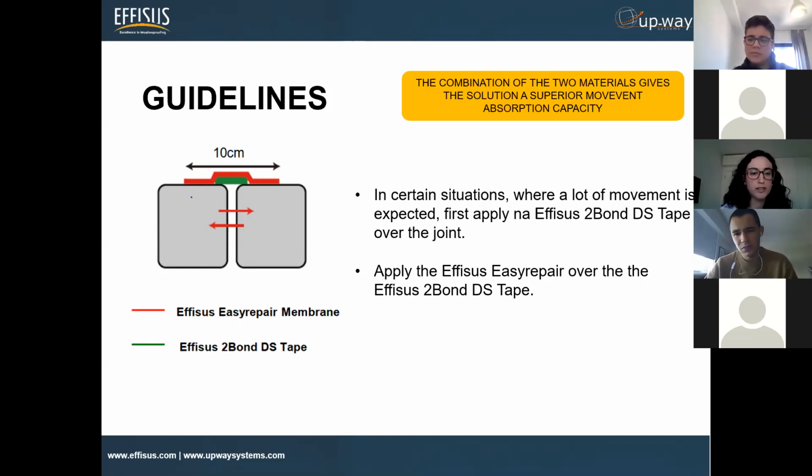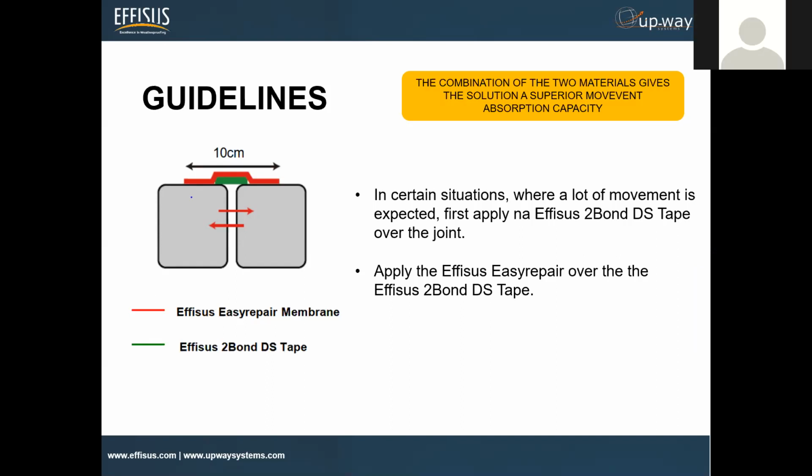When the joint is bigger than normal, or the expected movement or vibration of the building is really high, we always apply the 2-bond-ES tape before, just to help absorb these movements, so that with time they don't provoke the break of the easy repair membrane. So it's a protection.